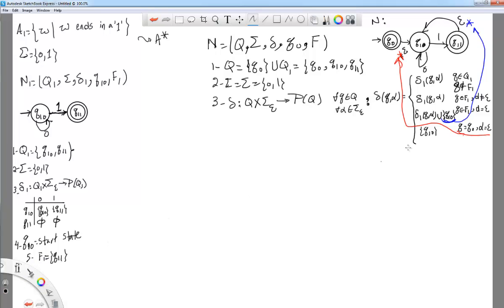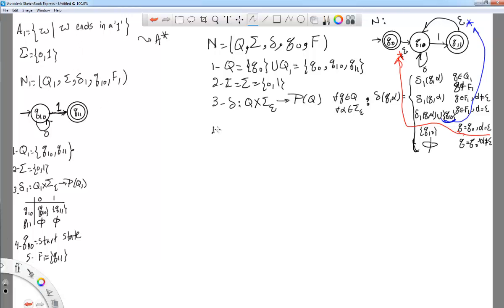And finally, if q was q0, if I was here and alpha was not epsilon, so for all the other transitions, q sub 0 is not going to have an outgoing transition. For all the other letters, this q sub 0, the newly added state, will not have any outgoing, so it's going to go to the empty set.